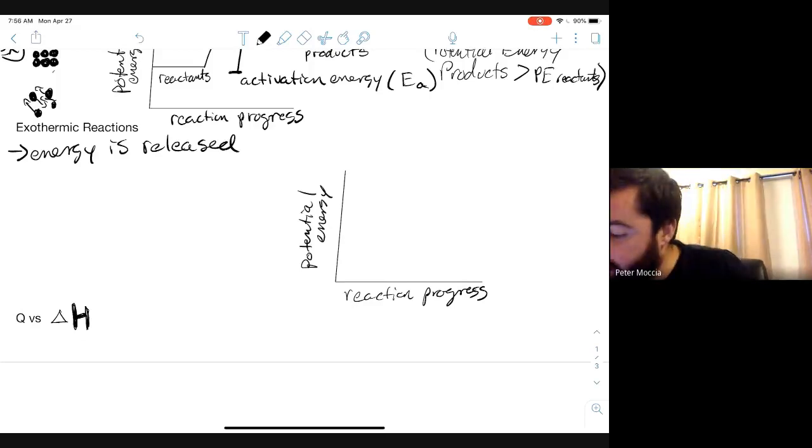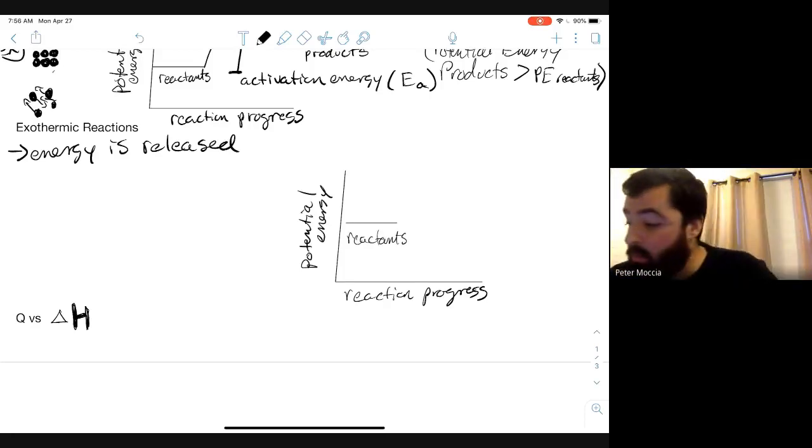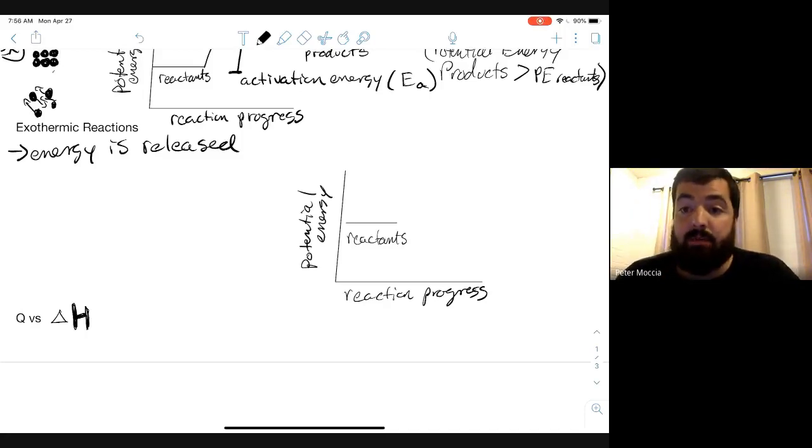What you're going to see is, so you have your reactants here. That's the potential energy stored in the bonds of your reactants. What you're going to see is that you still have an activation energy, okay?